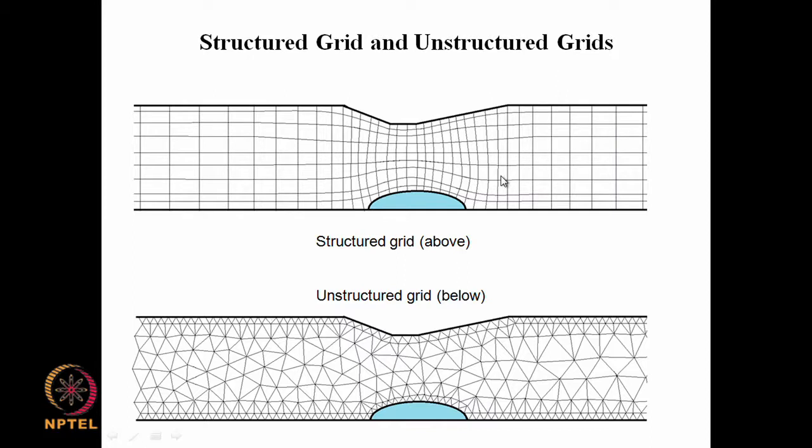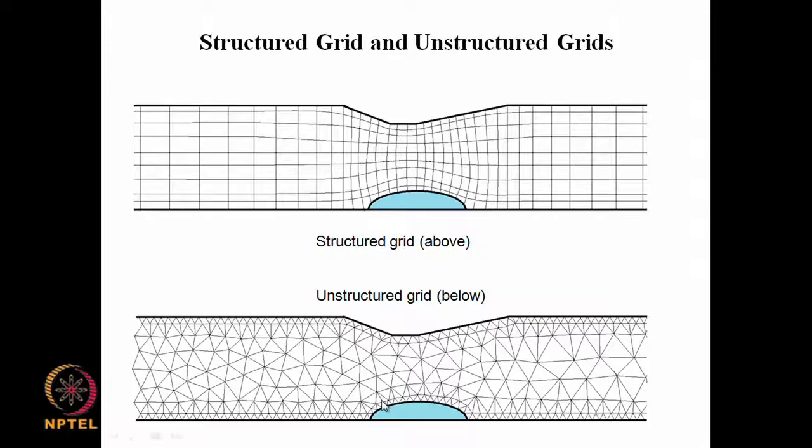Generation of a body fitted grid, as this is known, with curvilinear coordinate systems, is something that we will see very briefly in module 6. We are not going to go deeply into that, but this is an example of a structured grid.